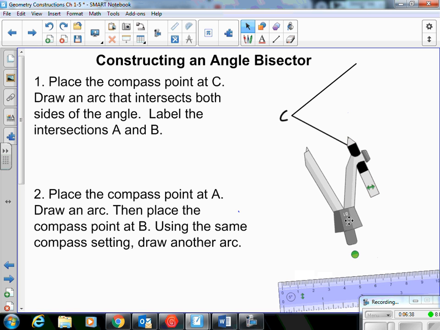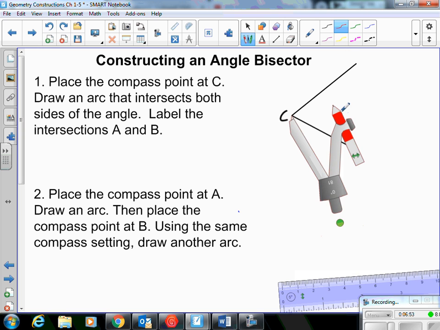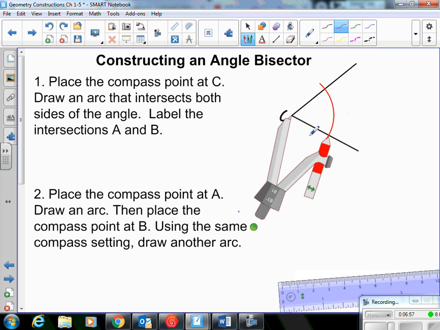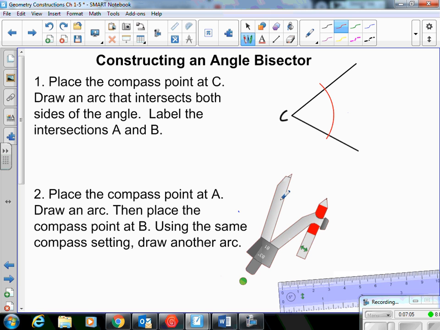All right, we're going to place the compass point at point C, and we're going to draw an arc that intersects both sides of the angle. So kind of like what we did with copying an angle. Point at the vertex, draw an arc that intersects both sides. We're going to label those A and B.